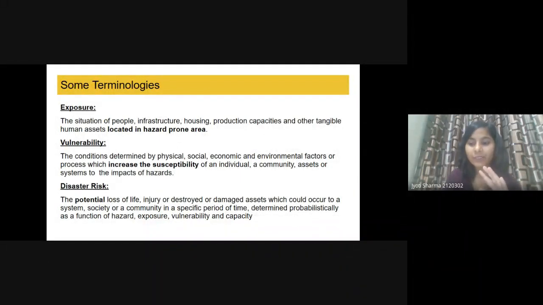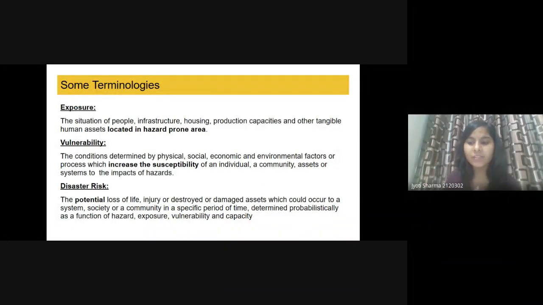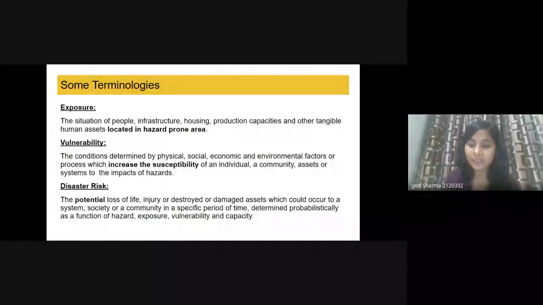Okay, but it may happen that your house is that strong, or you have a system like the air purifier, or different technology inside your house, or a very strong concrete house, so that whatever effect can happen due to that industry, it will not affect you. Okay, this is the one condition.